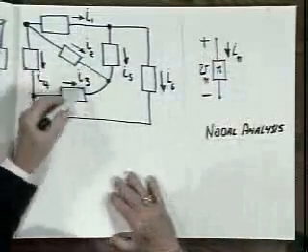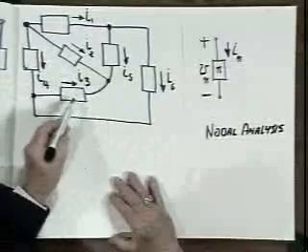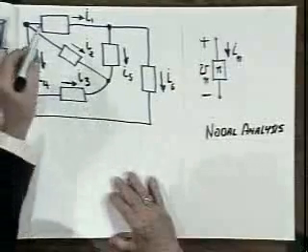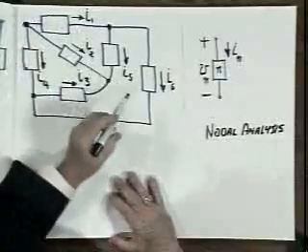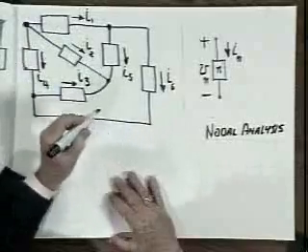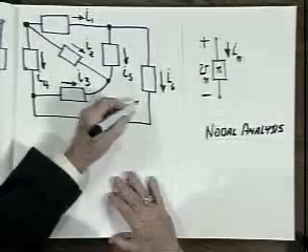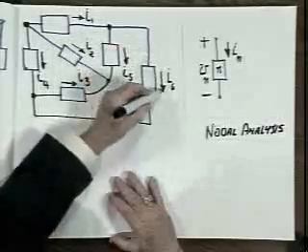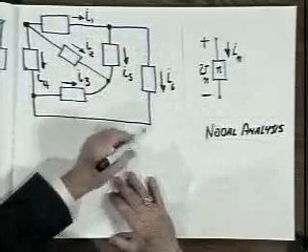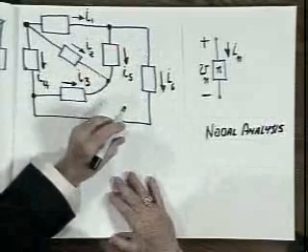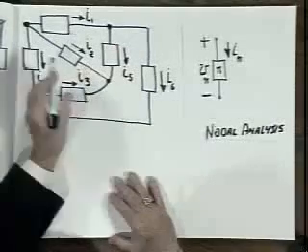But for each, I've defined an element current. I'm not going to bother to define element voltages. If I did, I would have to be careful with my polarity so that the plus sign was at the terminal where the current entered the element. But the voltages are not necessary at this point for our analysis, so I will leave them off.